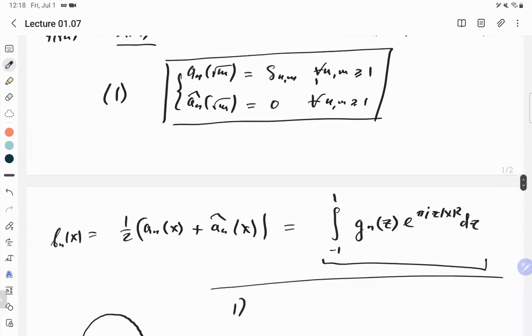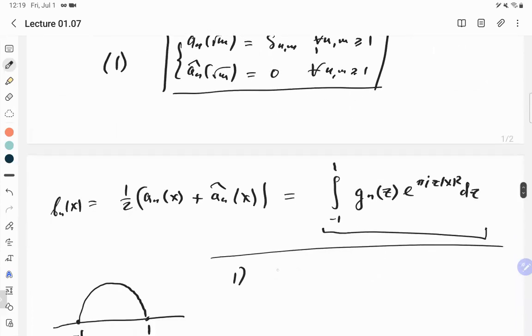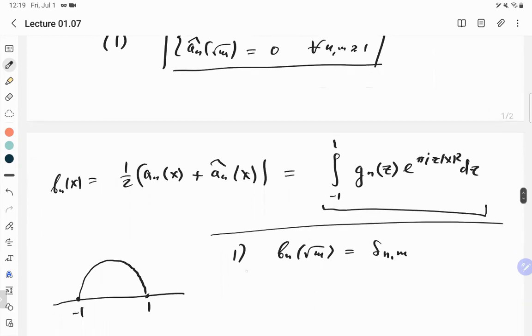The functions Bn also have this delta function property, but they're also Fourier invariant functions. First we want Bn of square root n to be a delta function of these two points. It's just the Kronecker delta, not the Dirac delta. And then 2, we want Bn to be Fourier invariant.